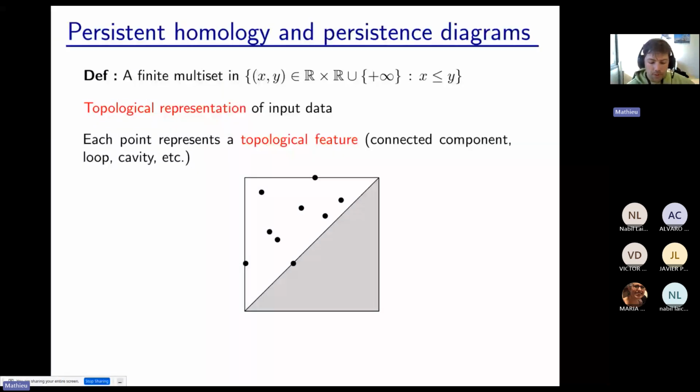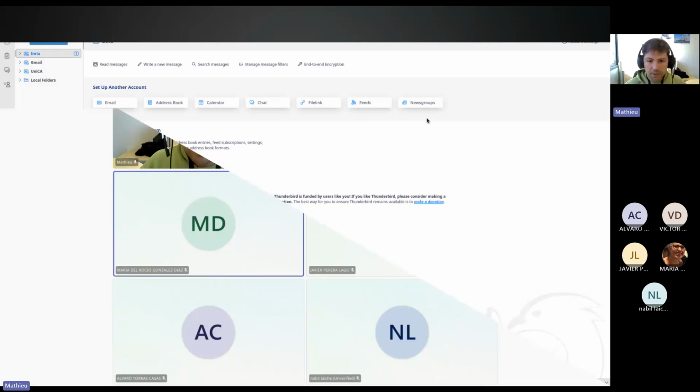So TDA, topological data analysis, is this field where you try to capture geometric and topological features from datasets, using different types of descriptors. The one that I will focus on today is the so-called persistence diagram.